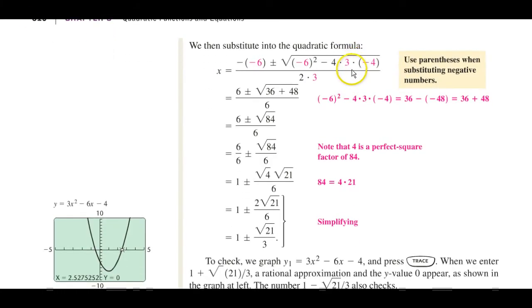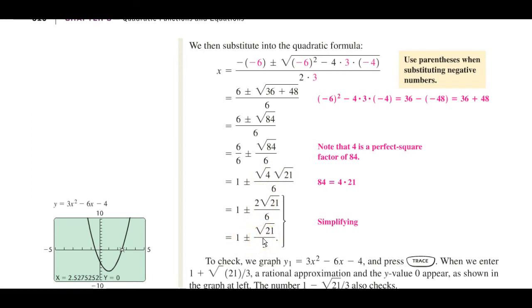Now, this one, when you solve it, you don't get rational numbers. You get irrational numbers, because the square root of 84, even though it can be simplified into 4 times the square root of 21, and then this is a 2, you get these 2 answers.